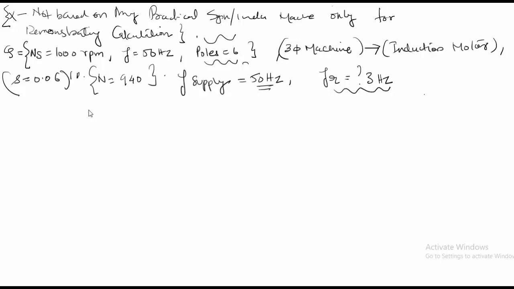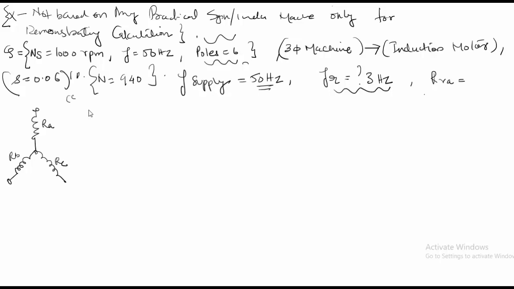Now if I'm adding some more details to the same question, if my rotor is connected in a star, so if these are the 3 windings of my rotor connected in a star, then the RA, RB and RC.